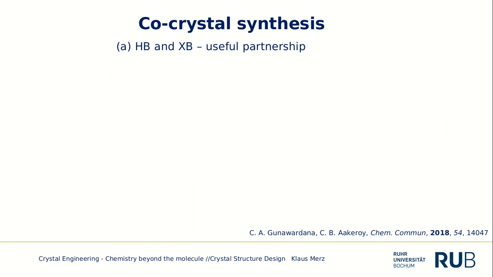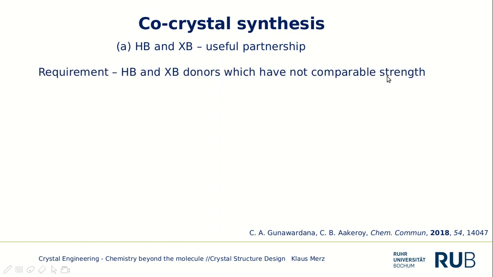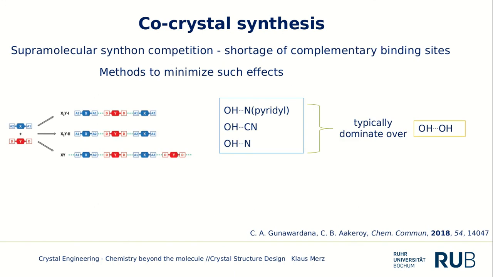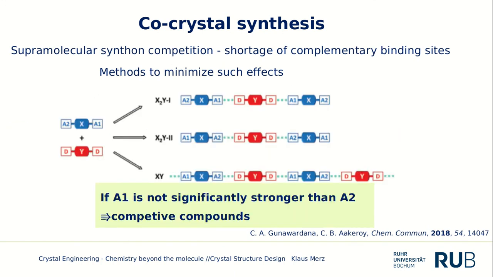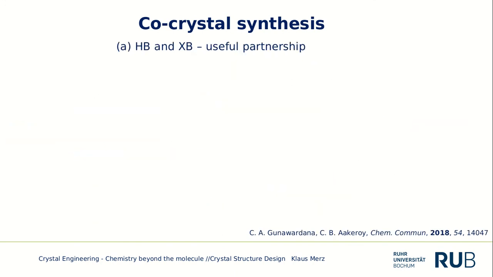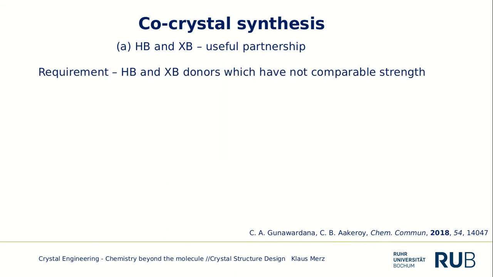Hydrogen bonds and halogen bonding, both can be used in a partnership. But once again, think about the competition. It's very important that we have different strengths, not comparable strengths.